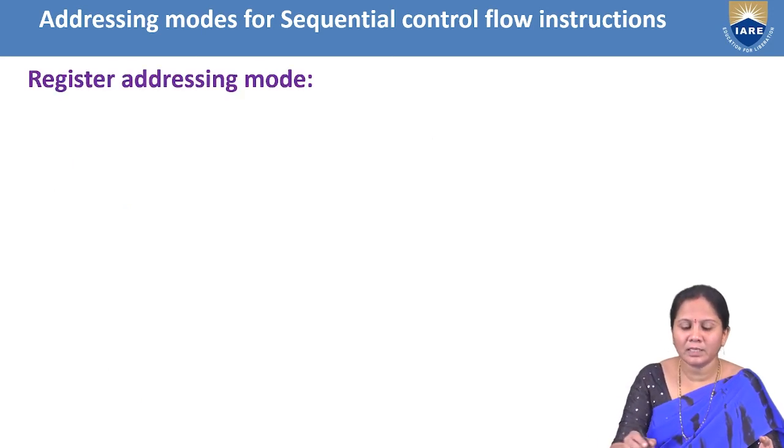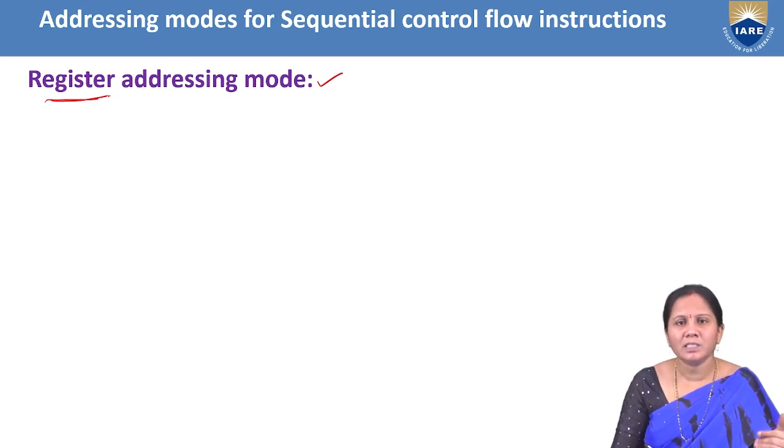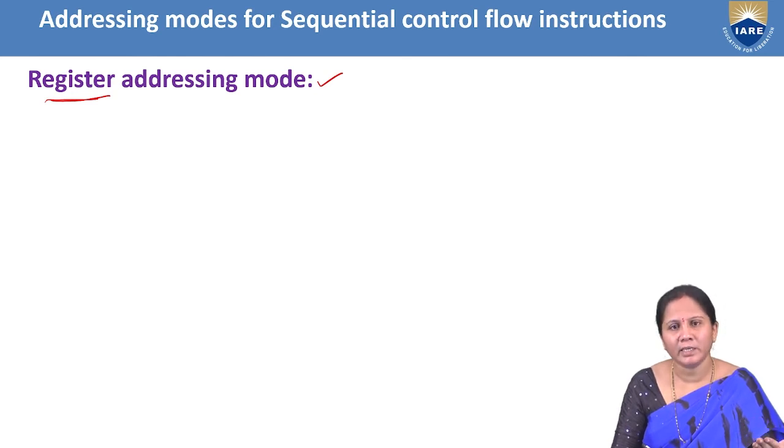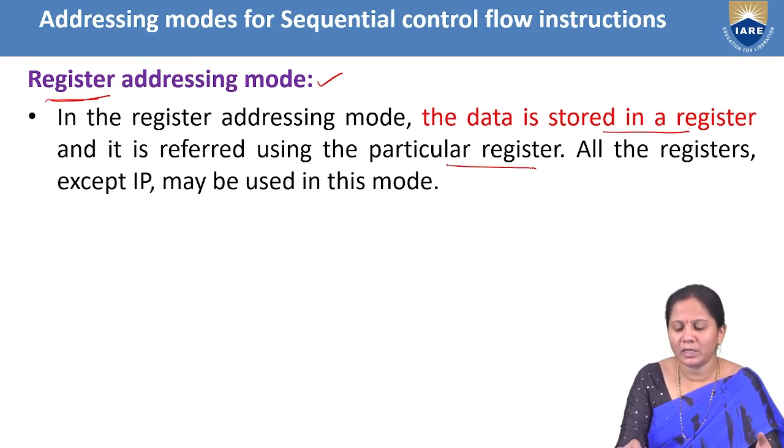Now, the next addressing mode is register addressing mode. See the name here: register addressing mode. It means the register will be specified as a part of an instruction, and the operand will reside in the register. In the register addressing mode, the data is stored in a register and referred to by using that particular register.